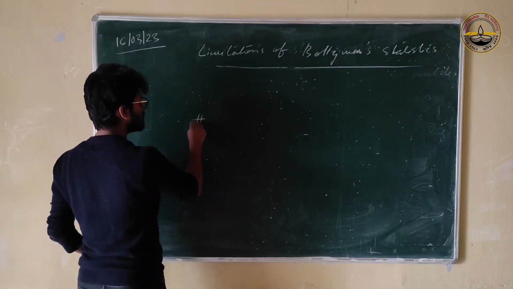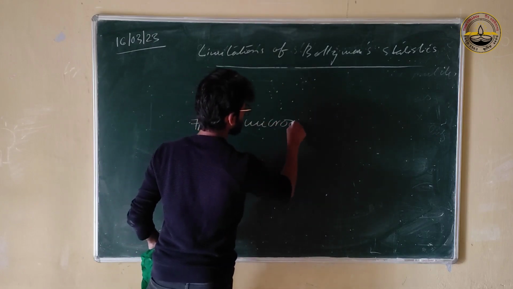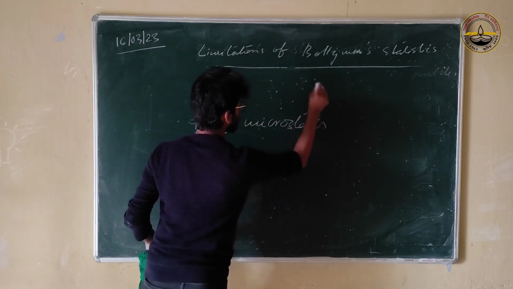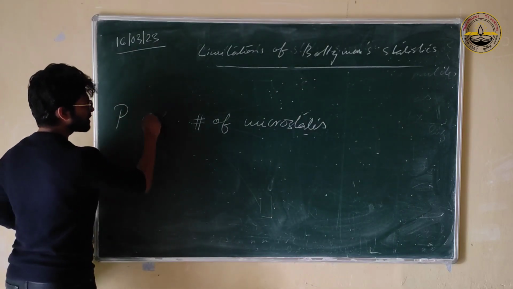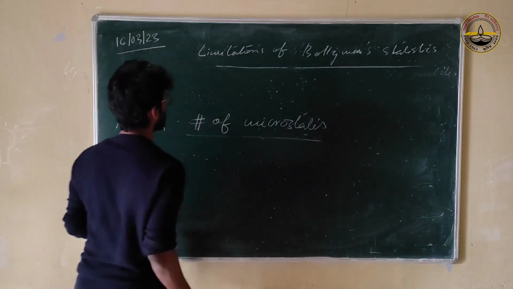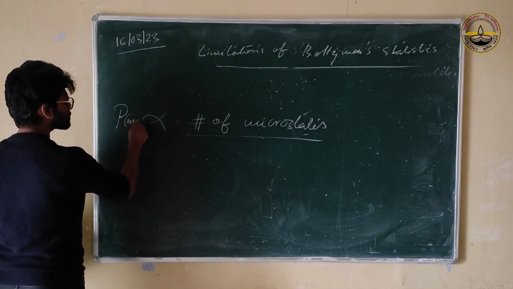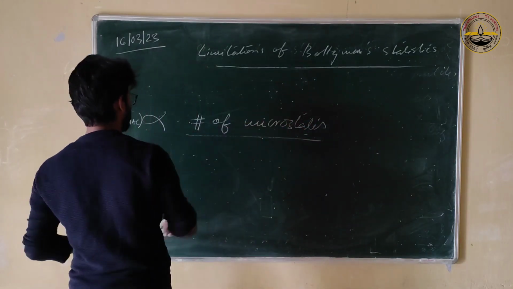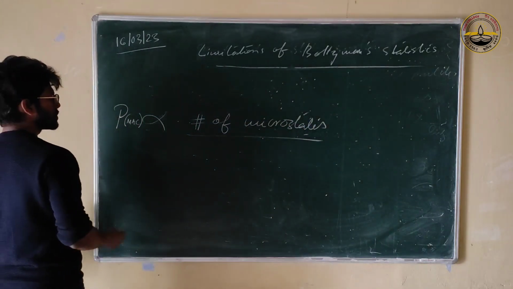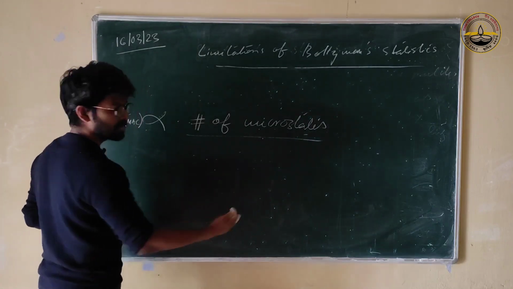So more microstates means more probable. So probability is proportional to number of microstates. Okay? So a macrostate that has more microstates is more probable.